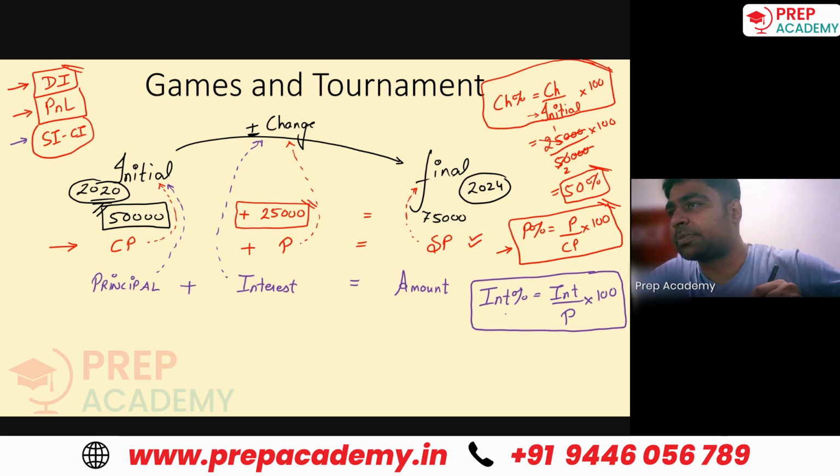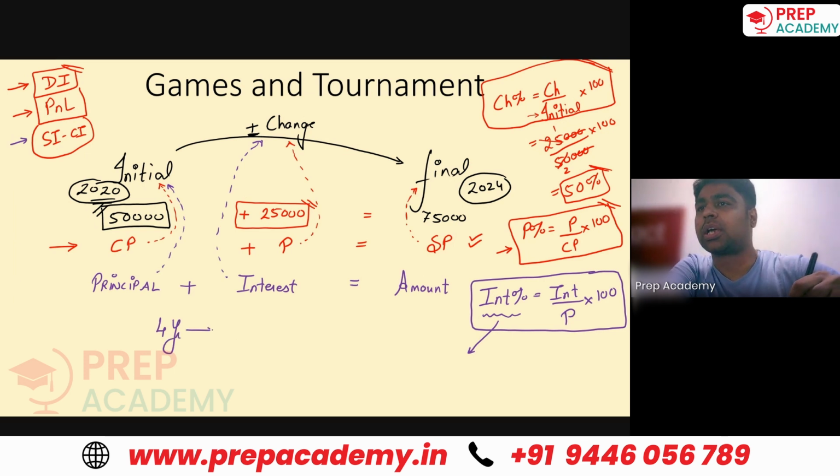Now this interest percentage involves two concepts. I told you in 4 years I gained, because it's from 2020 to 2024. In these 4 years, what is the money that I made? I made 25,000 rupees, right? And I earned 50 percentage. This is what we calculated, right?